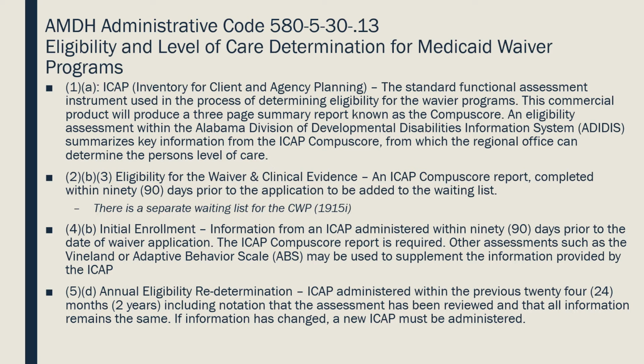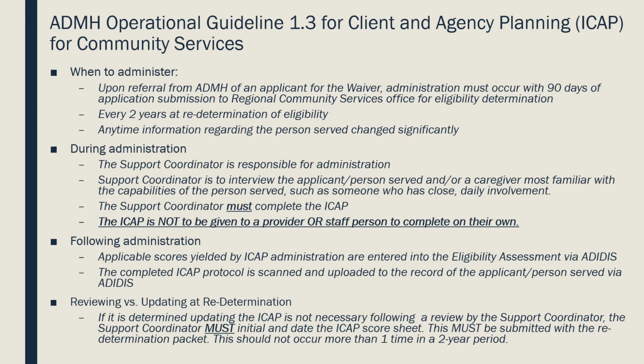Other assessments, such as the Vineland or Adaptive Behavior Scale, may be used to supplement the information provided by the ICAP. At annual eligibility and redetermination, the ICAP is administered within the previous 24 months, including notation that the assessment has been reviewed and that all information remains the same. If information has changed, a new ICAP must be administered.